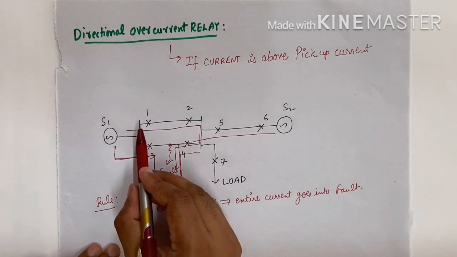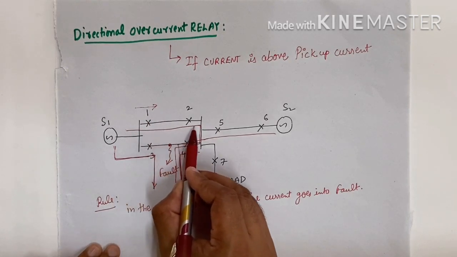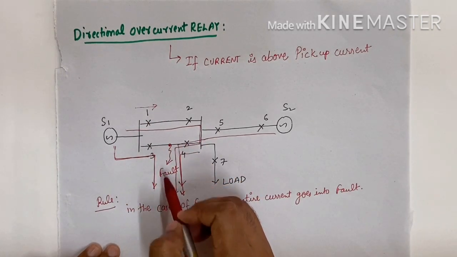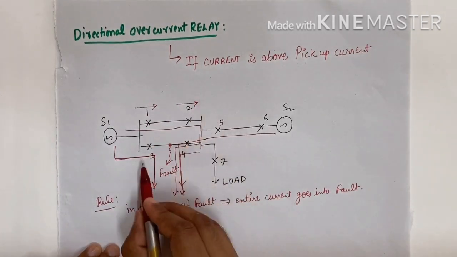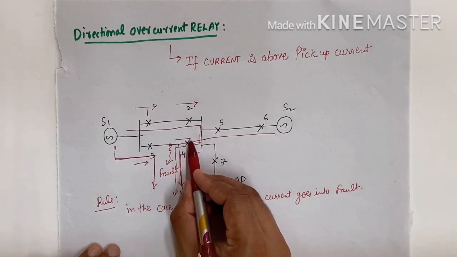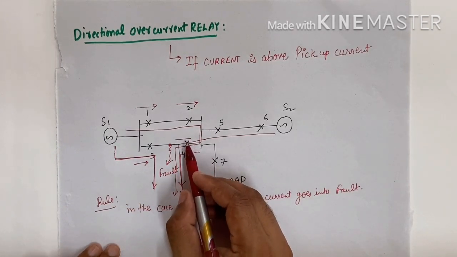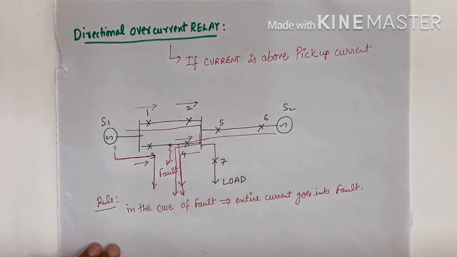Here we say the current firstly flows in this direction, and after the fault the current also flows in this direction only. So it will not change here, and similarly it will not change here. Similarly we can say here it will not change. Here the current will flow in this direction. Okay, so in this way we can recognize the nature of current.